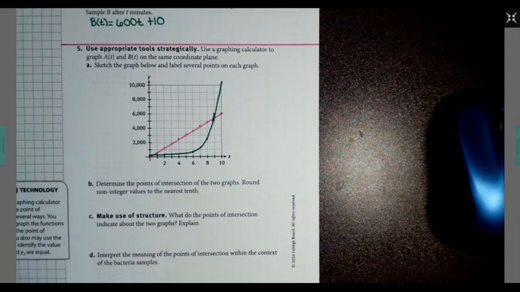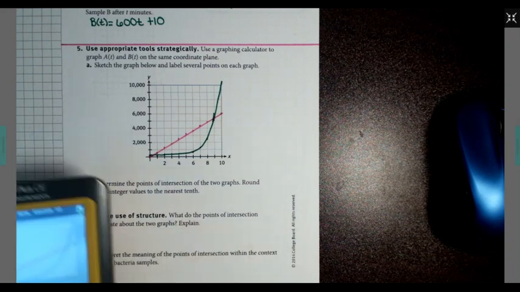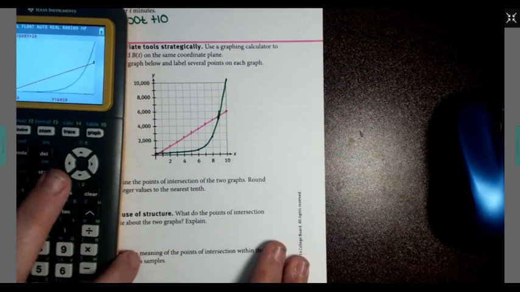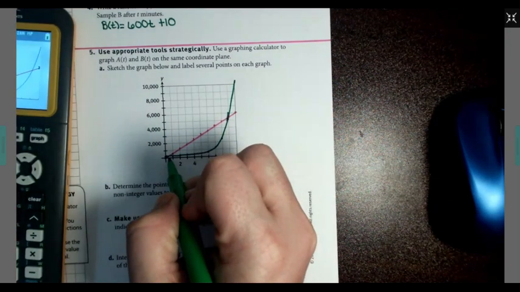Determine the points of intersection of the two graphs. Round non-integer values to the nearest tenth. Well, we know that one intersection point was at 0, 10.